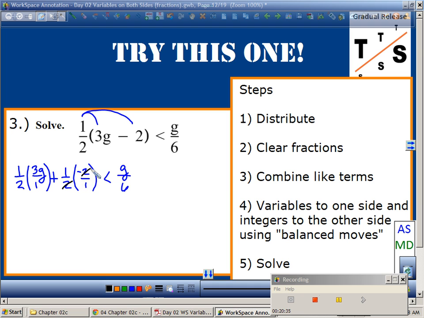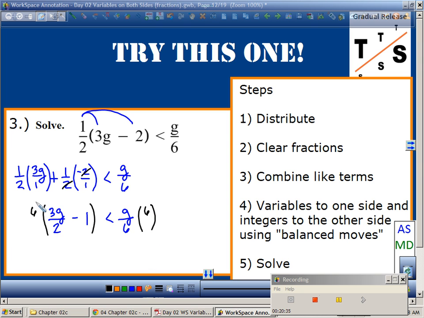So when you do that, those go away, and you're left with 3g divided by 2 minus 1 is less than g over 6. This one is -1, because 1 minus times -1 is just 1. So how do I get rid of these fractions? Excellent. Multiply both sides by 6. Good job, Frankie.